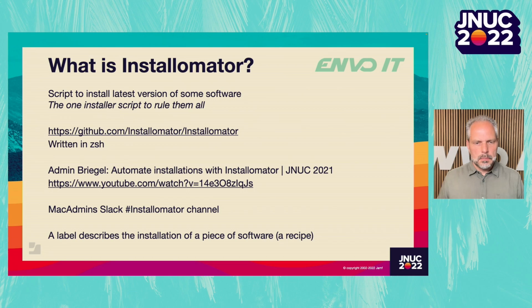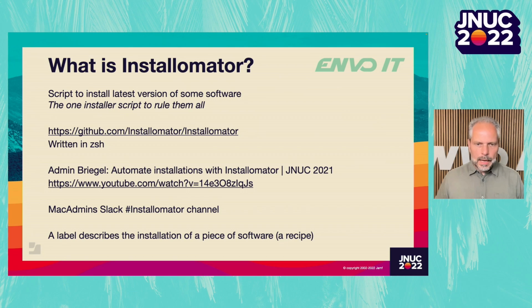If you need some more introduction to what Installomator is and what it can do for you and how you will be using this to install software in your environments, I can recommend Armin Briegel's presentation from last year. You are also very welcome to ask us questions on the Slack channel.